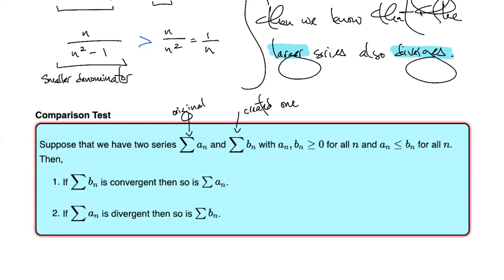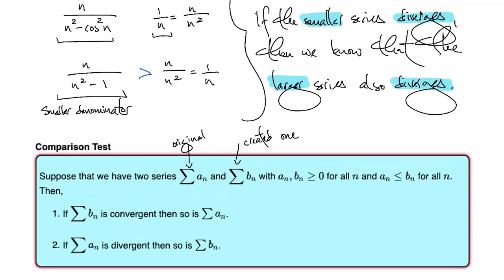And you know that there is some sort of comparison between them, okay? If the one that you're comparing it to is larger, if the larger one converges, so does the smaller one. If the smaller one converges, then so does the larger one, okay?